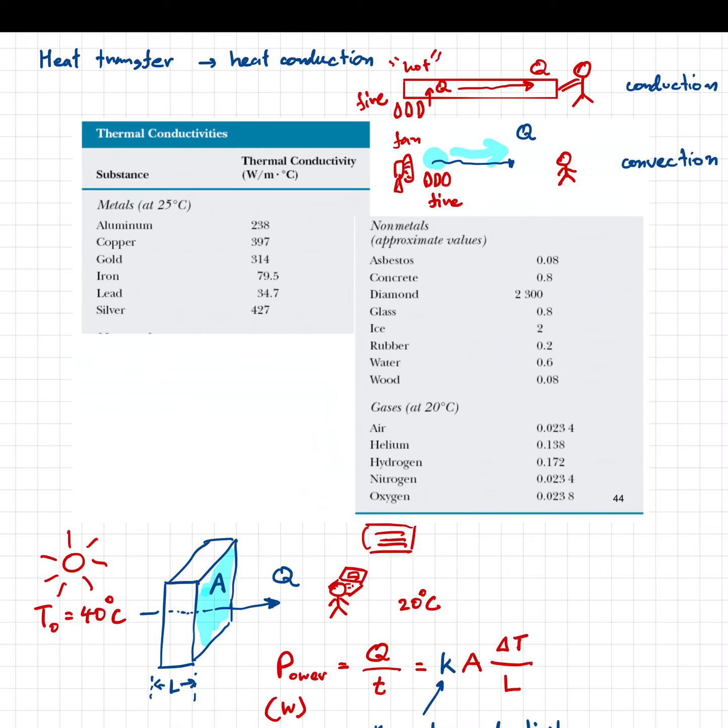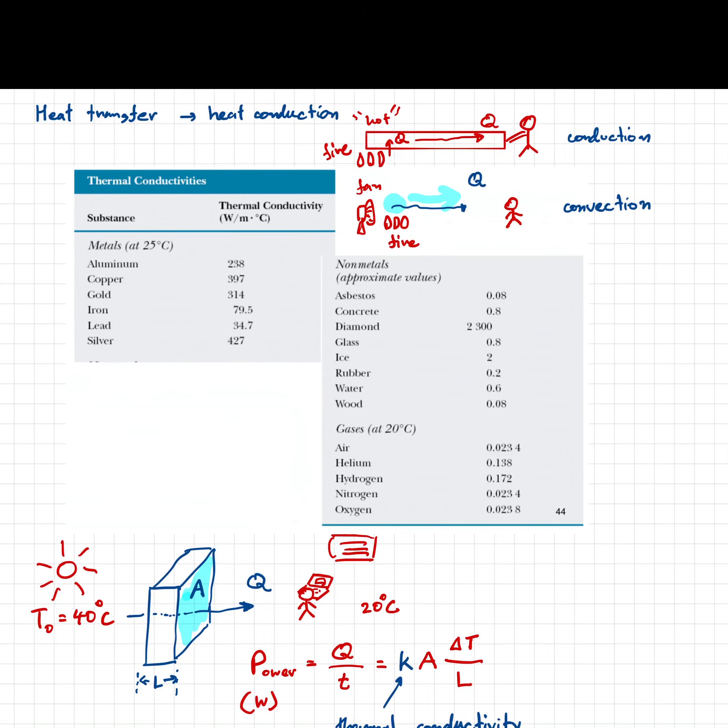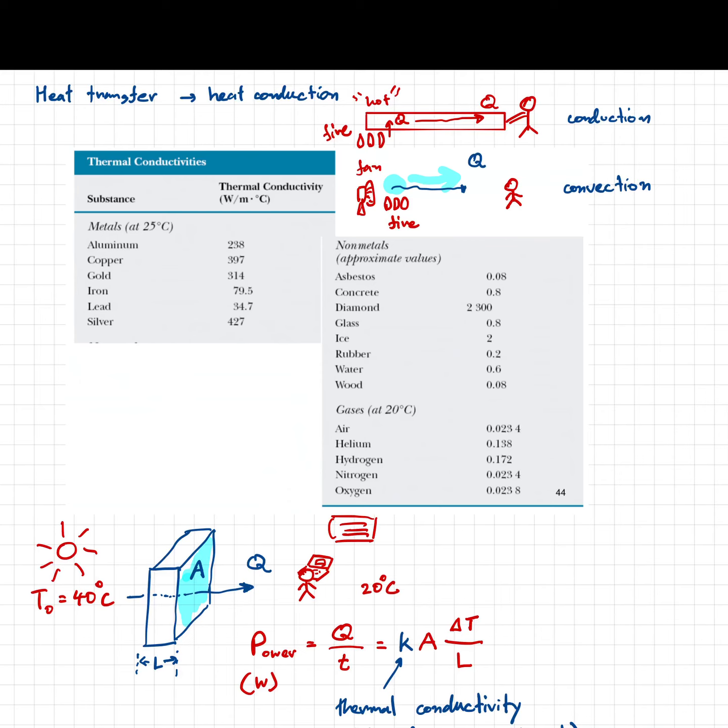If you have air which moves around, then you need to consider convection here, and that can be totally different. So this part of the table is the heat conductivity of air, which is still air, not moving air. So that's something to be aware of.